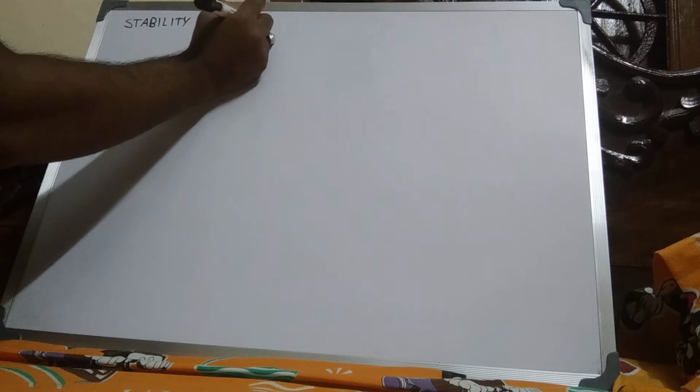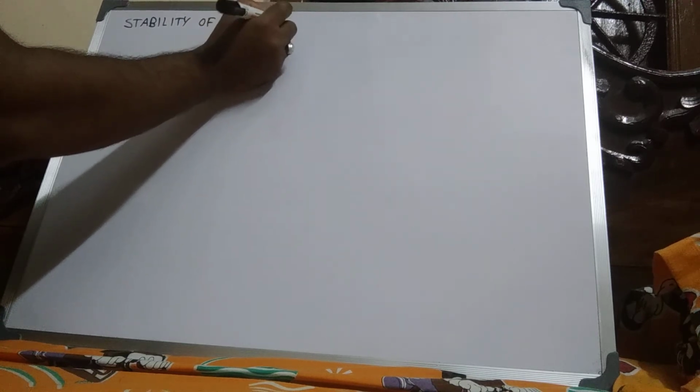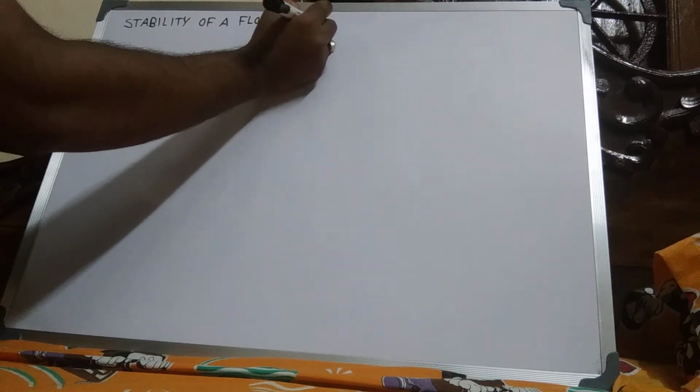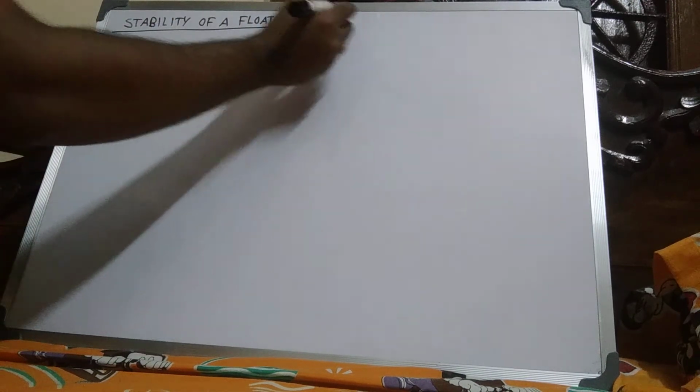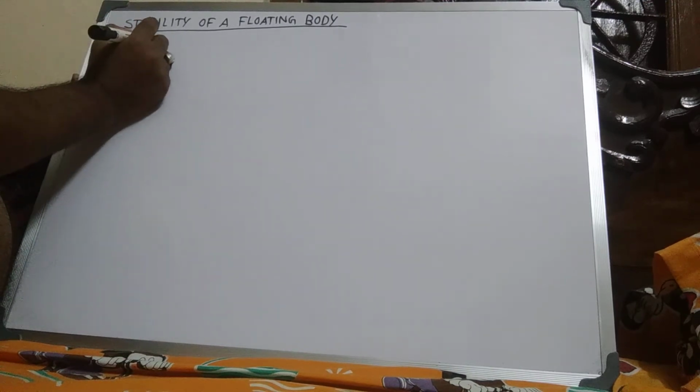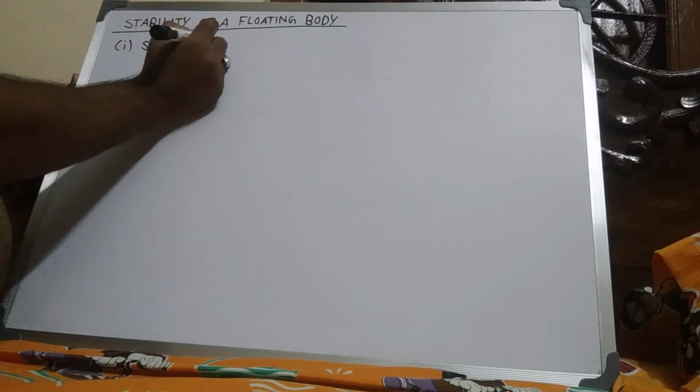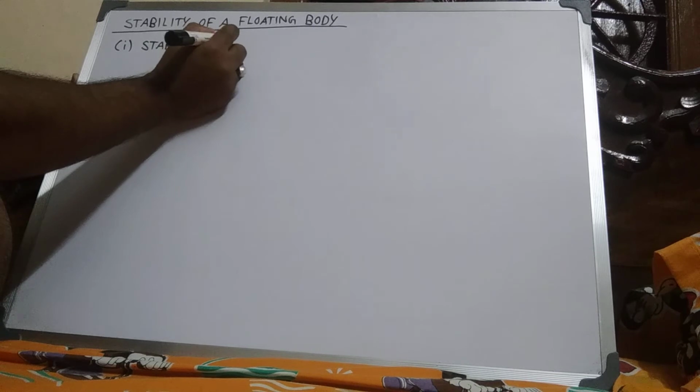Now this is the stability of a floating body. Number 1, stable equilibrium.